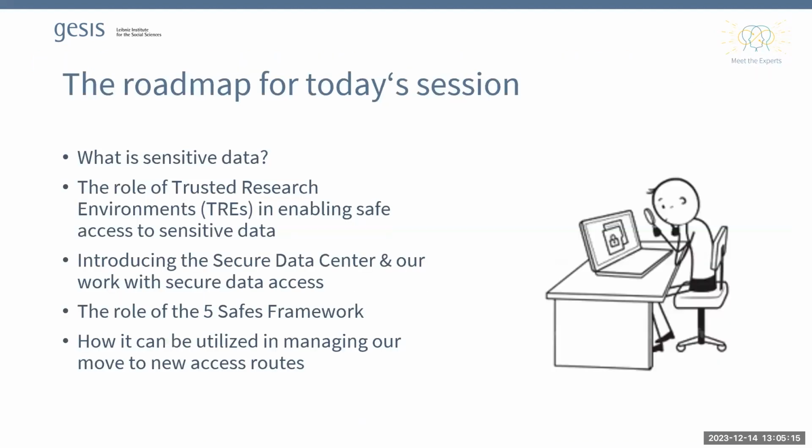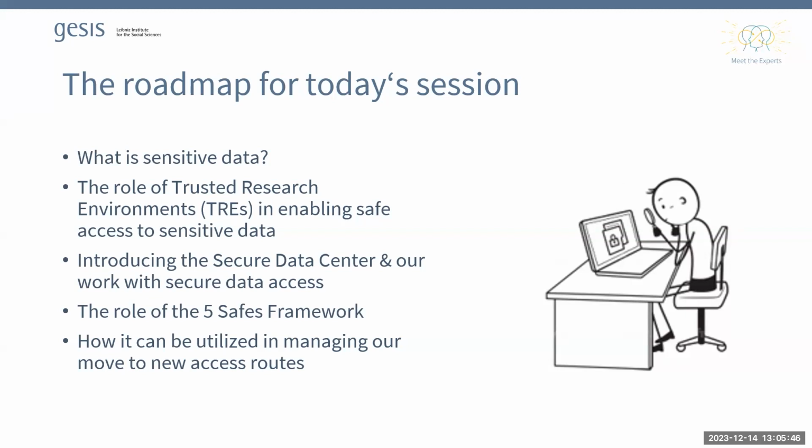So what am I going to cover? What I want to do to start with is set out some key terms. You may be familiar with this area already, but I never like to make that assumption. So I'm going to start by talking about what we actually mean when we talk about sensitive data. And then I'm going to go on and talk about the role of a trusted research environment. If you haven't heard this term before, don't worry, I will explain what it is.